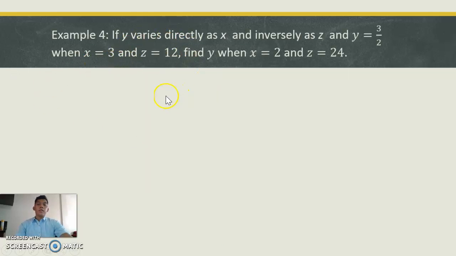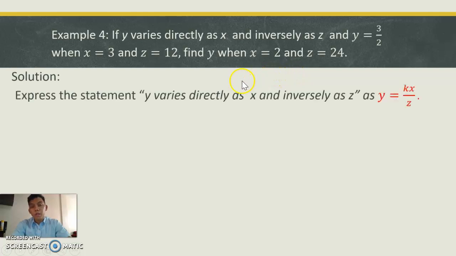If y varies directly as x and inversely as z, and y is 3 halves when x is 3, z is equal to 12. Find y when x is 2 and z is 24. So in this case, same process. The equation will be y equal to kx over z. Take note that there are fractions also when we deal with problems soon.